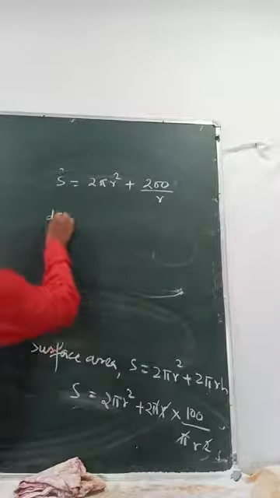So for maximum and minimum value, put ds by dr equals to 0. Okay, so ds by dr 0 means this is how much? 4 pi r minus 200 by r square equals to 0.